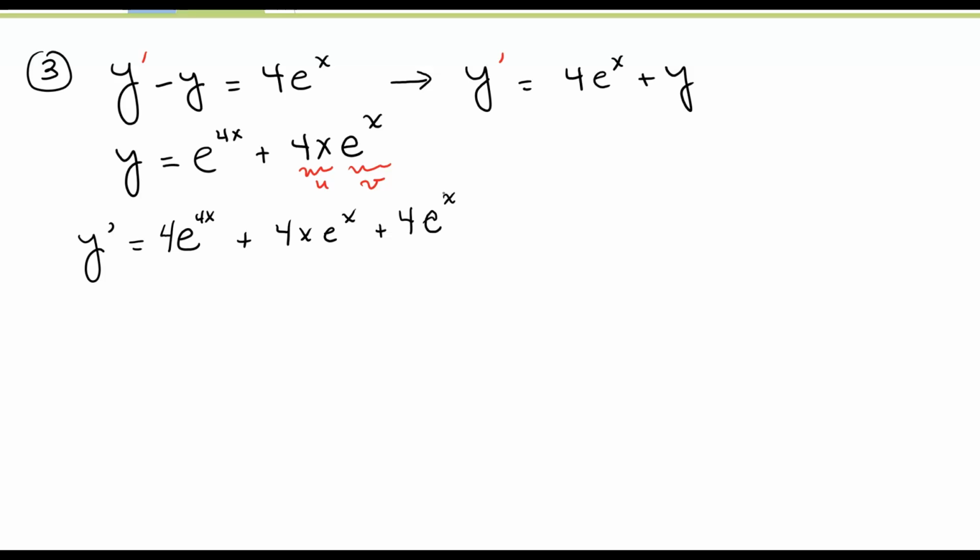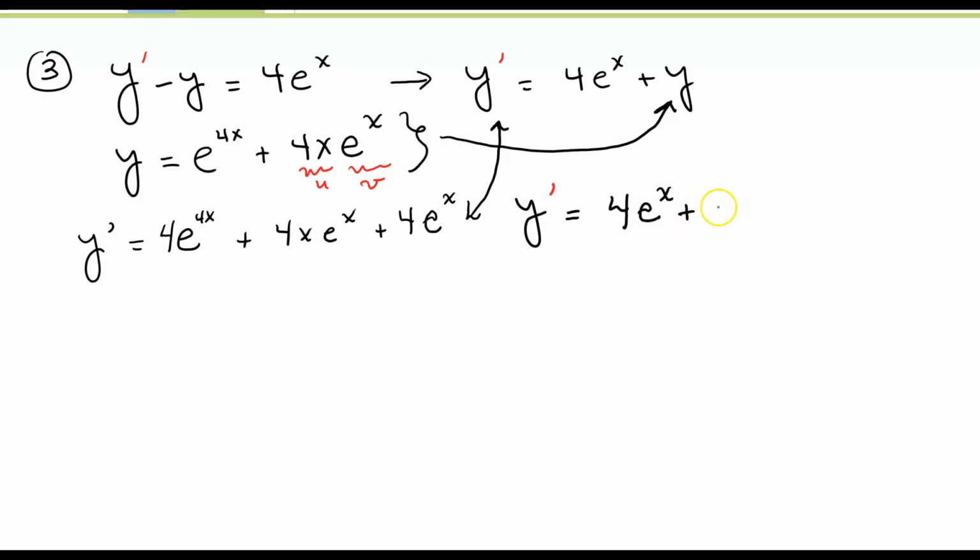And now what we're going to do is check. We need to plug in this function for y, to verify y prime to see if these two indeed match. So let's figure that out. We're going to say y prime equals 4e to the x plus, in this case, y.